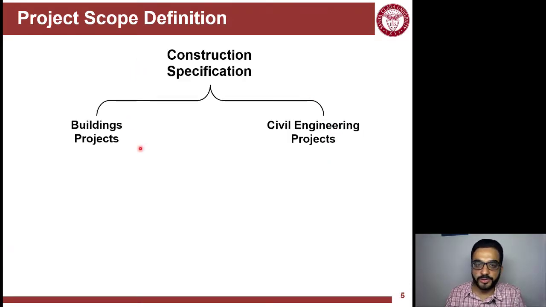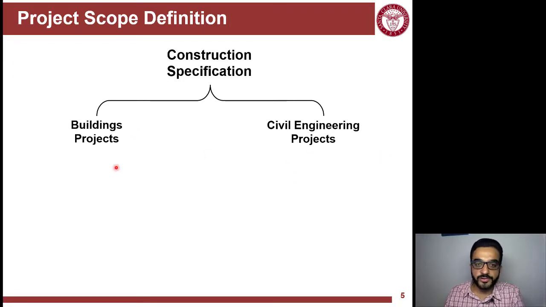The other document that you also need to understand and know how to navigate is the specs. Every project comes with a full book of specs to define the required specifications and requirements for materials and systems that are put in the project. We can differentiate between the specs for building projects and for civil engineering or civil infrastructure projects.